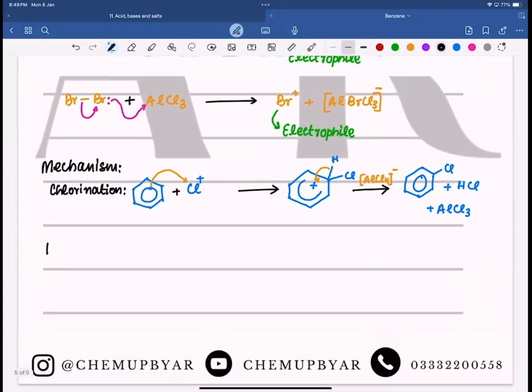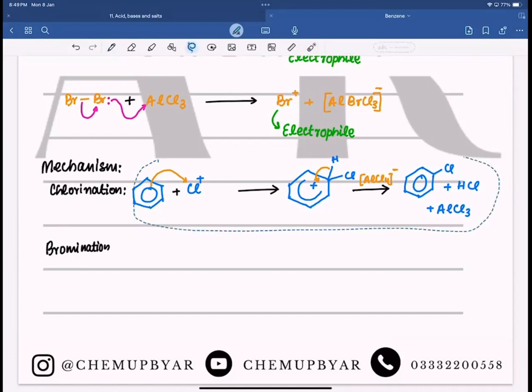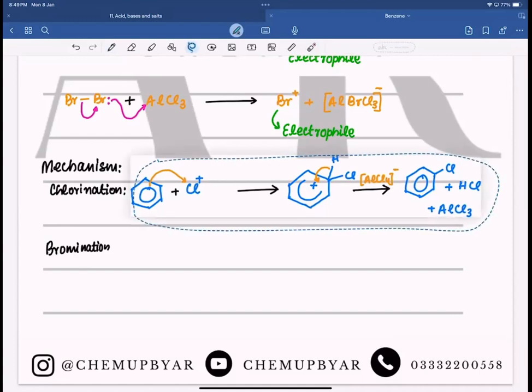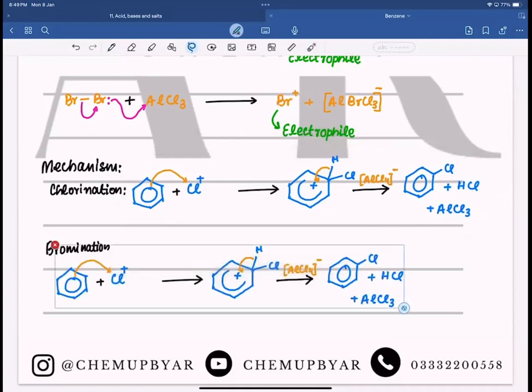The same thing happens in bromination as well. The whole mechanism is going to be the same. The only difference is the element. Now we have to mention bromine instead of chlorine.